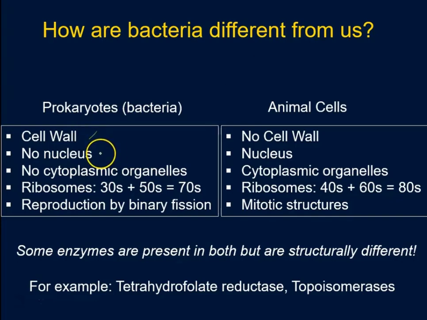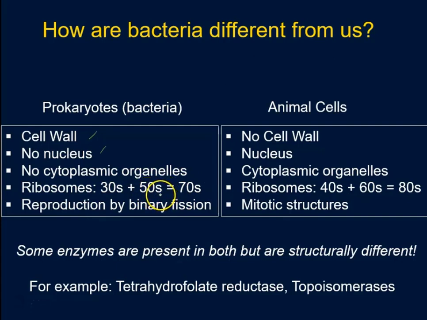They don't have any nucleus, so their genomic material and other features are not within a defined nucleus. They don't have cytoplasmic organelles such as mitochondria or Golgi, and they don't have endoplasmic reticulum. So their ribosomes are actually floating around in the cytoplasm.